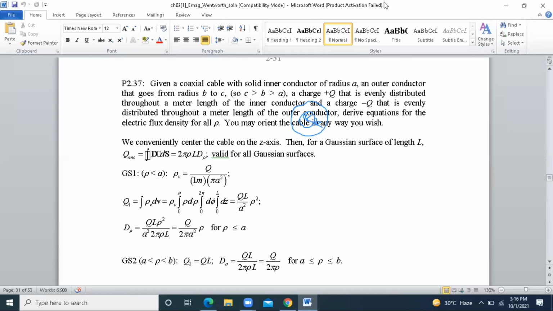But remember now, for a cylinder, this is your flux. The D rho is the flux, the radial flux.